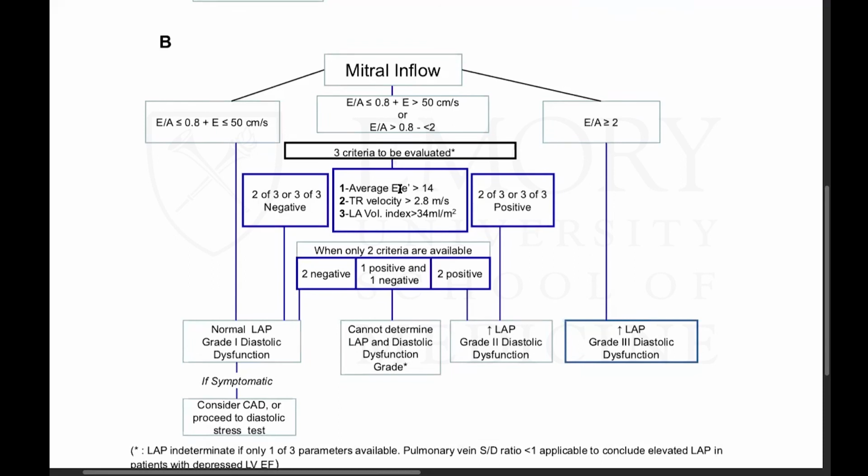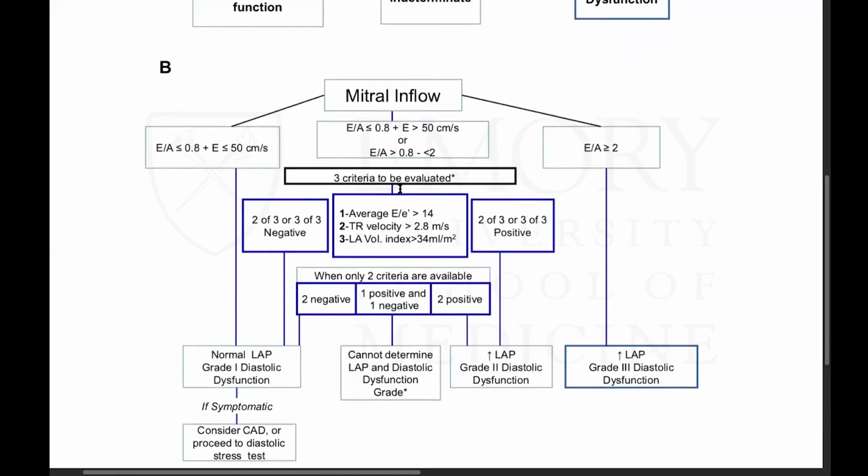That is correct. So the best diastolic function that somebody with low EF or significant LVH or significant uncontrolled hypertension or coronary artery disease can have is really grade 1 diastolic dysfunction.